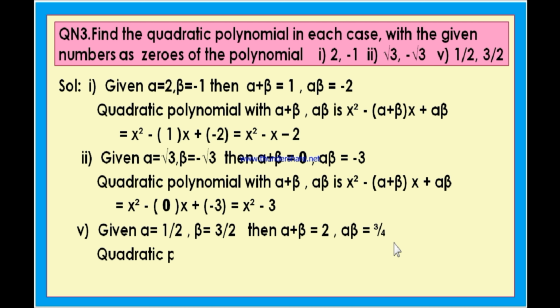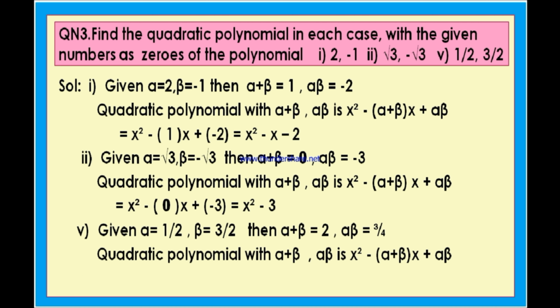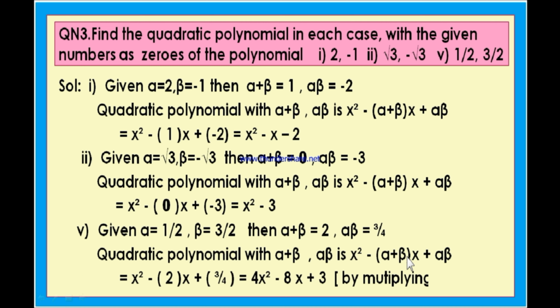Now the quadratic polynomial with alpha plus beta and alpha into beta is x square minus (alpha plus beta) into x plus alpha into beta. Now substitute the values again. This is x square minus 2 into x plus 3/4.